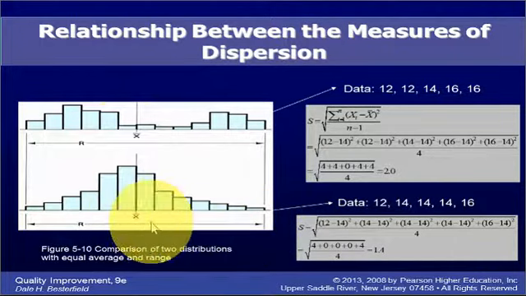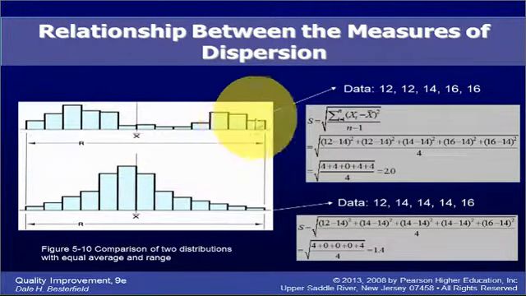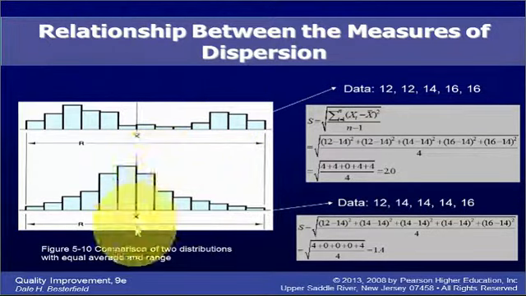And they also have the same mean, the x bar. However, they have different standard deviations. As you can see, this one has a lot of outliers in the tails, so it has a larger standard deviation than the second graph. The second graph has more data that is close to the x bar, to the average.